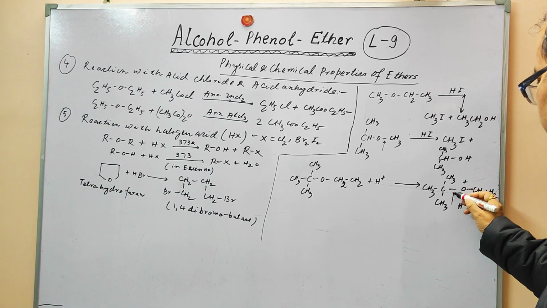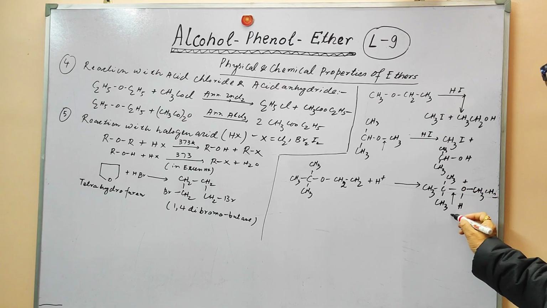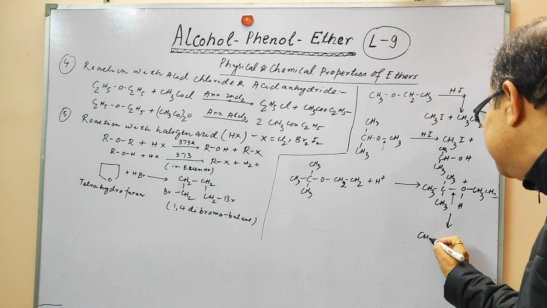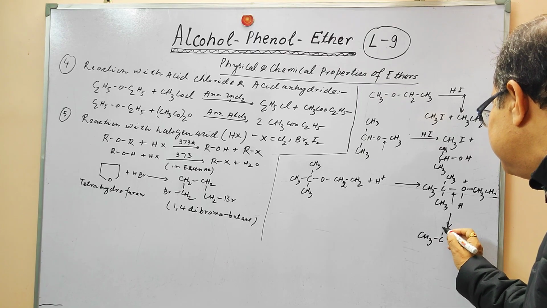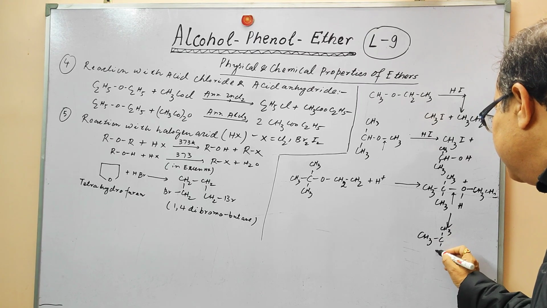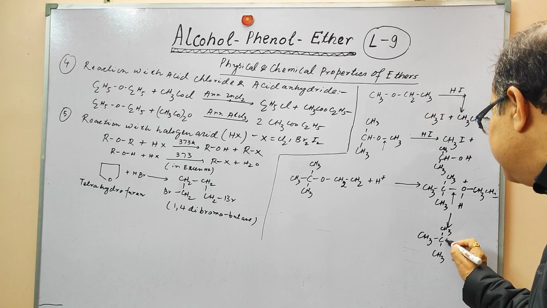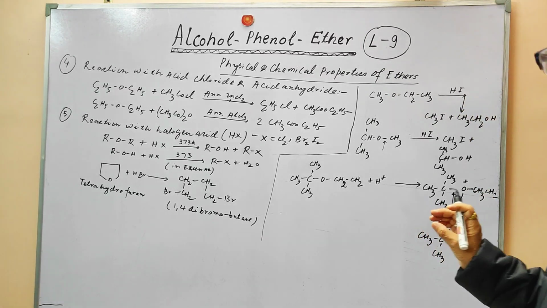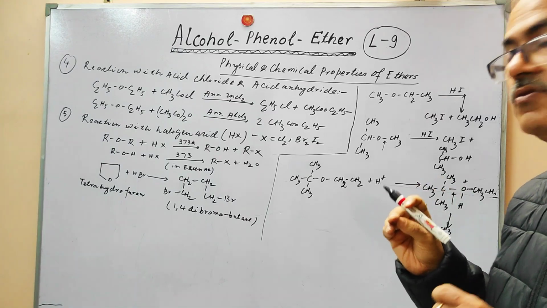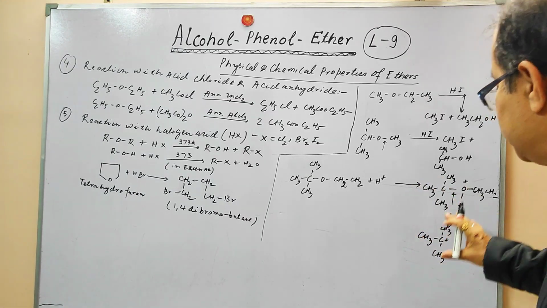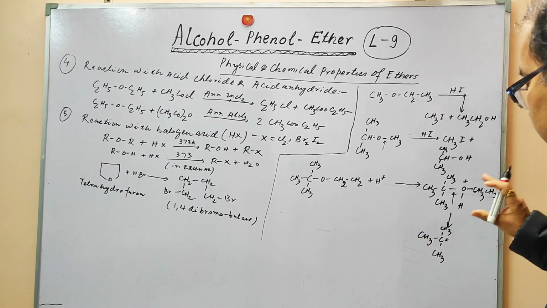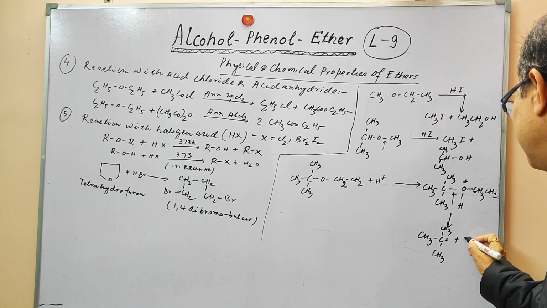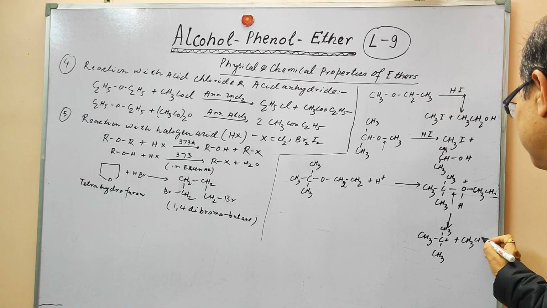But this C-O bond will break because this will give the stable carbocation. It is stable because the positive charge developed on the carbon atom is stabilized by the CH3 groups, which are electron releasing groups. So it is a very stable carbocation.